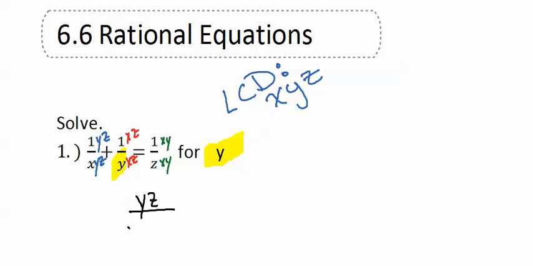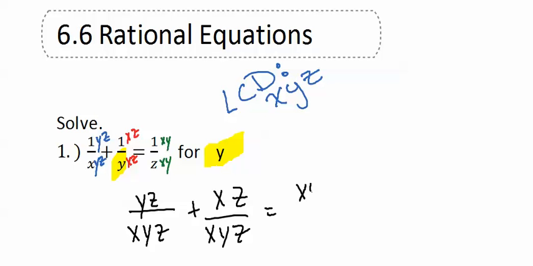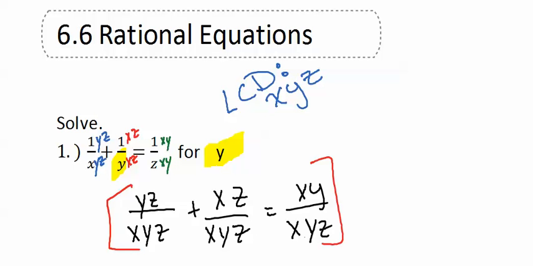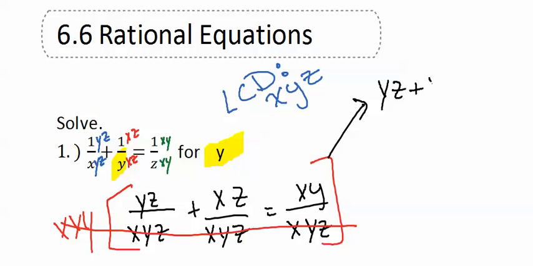That eventually, like we talked about in the last video, will get rid of all our denominators, making it a lot easier for us to work with to get that y by itself. So multiply by xyz, clearing it out, and what you have is yz plus xz equals xy.